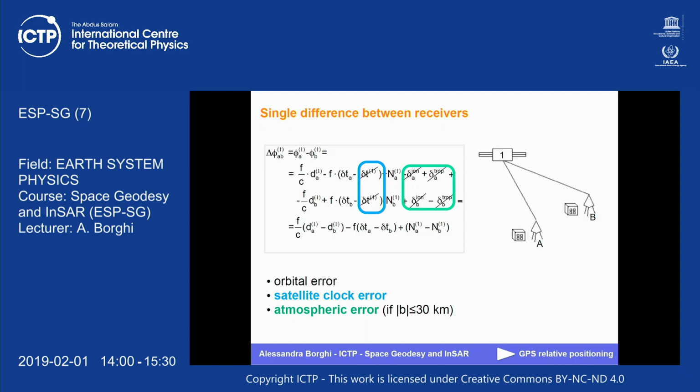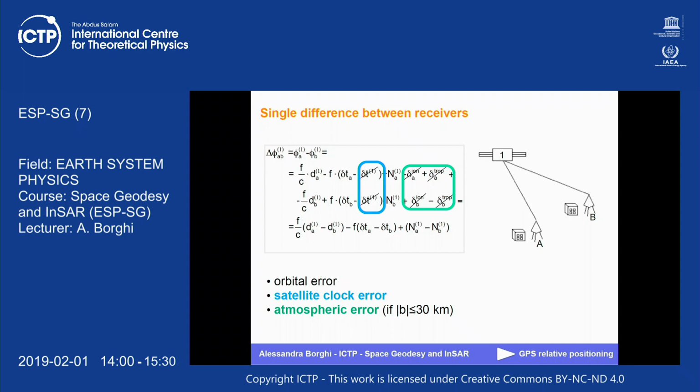In this case, if you take the phase observation, you can compute the differences. I don't put the time as a variable, but now we are speaking about a fixed epoch. So we compute the differences between observations at the same time, synchronized. So we have the phase A from satellite 1 at time t0 minus the phase in receiver B with respect to satellite 1 at the same time t0.